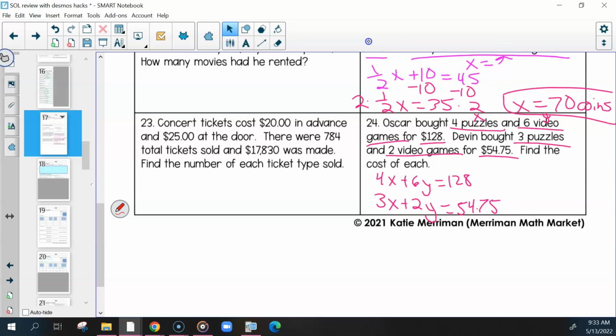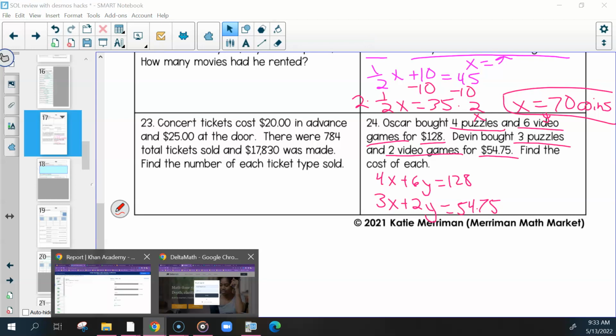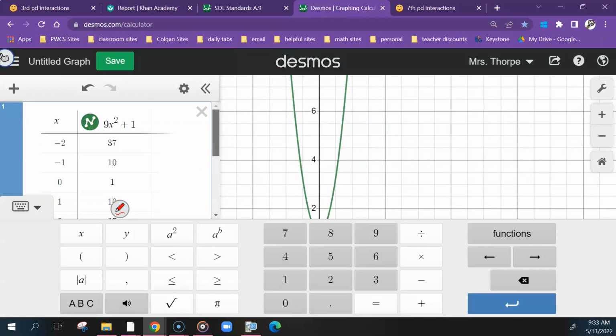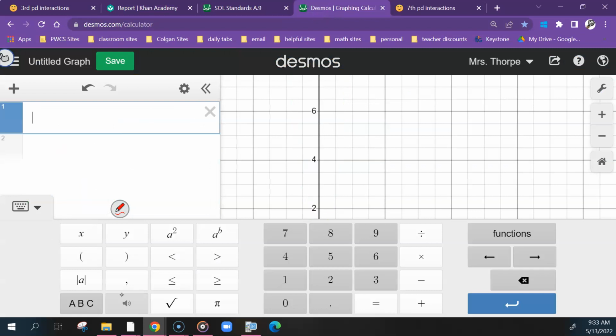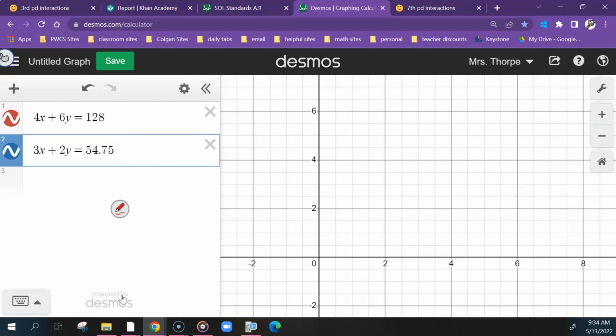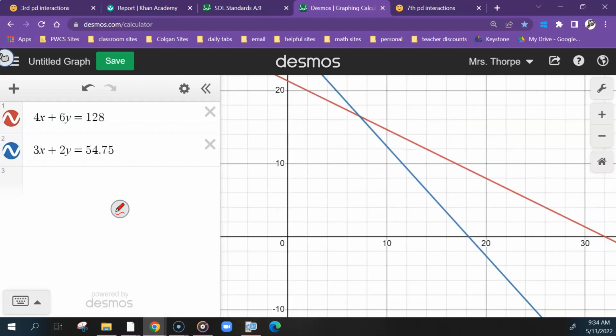4, 6, 8. What was the other one? So these are big numbers, so you may have to zoom out.